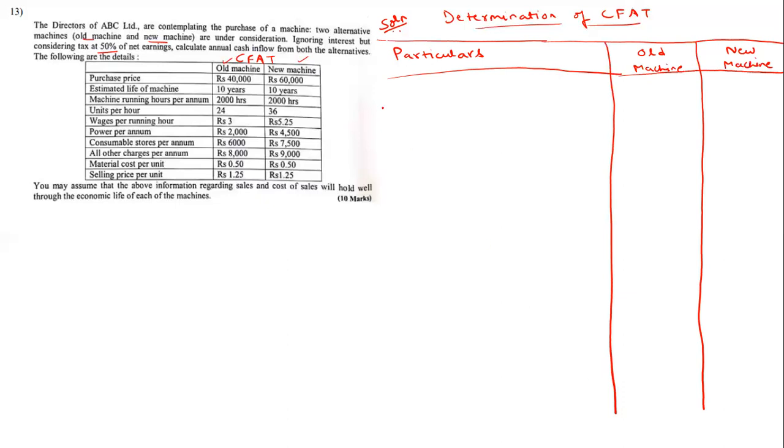Okay, so our statement format is ready here, and we will be proceeding with determination of the cash flow after tax. Well, when we talk about the business, when we talk about the revenues, when we talk about the cash inflow, there comes a point where a business will certainly get the cash inflow when they make sales, right?